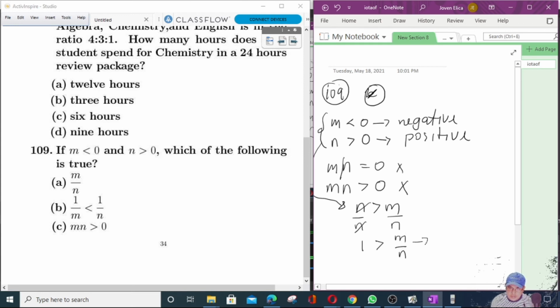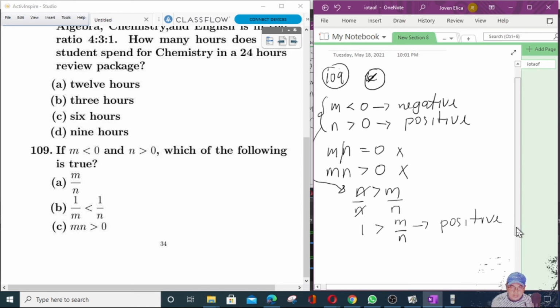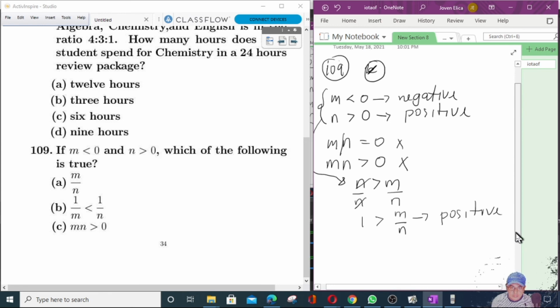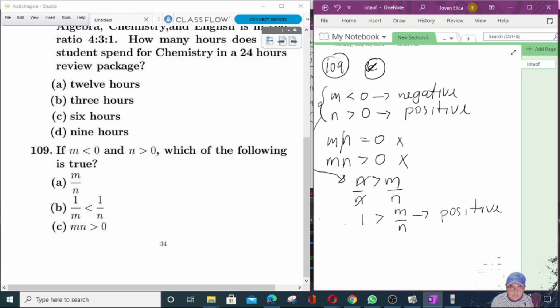So therefore this is positive. We get the first condition right, positive.